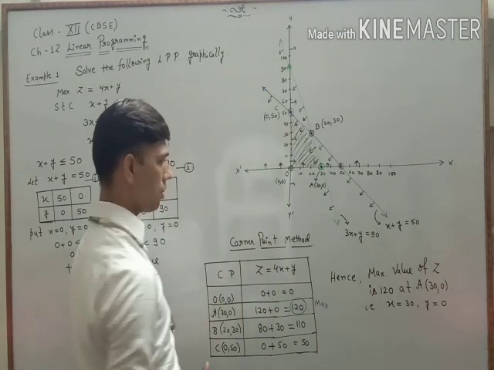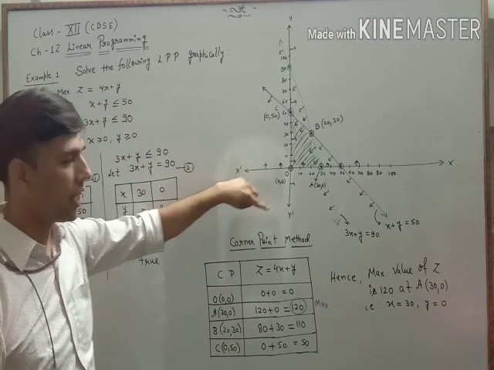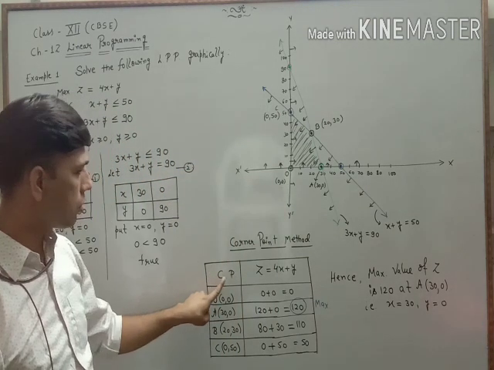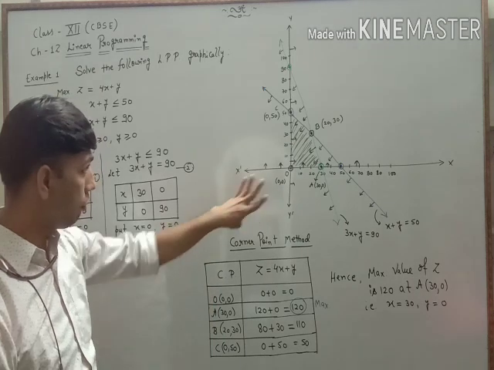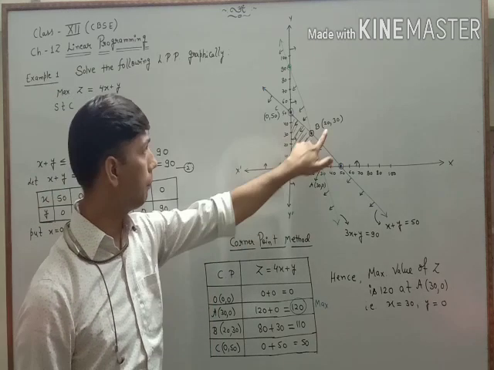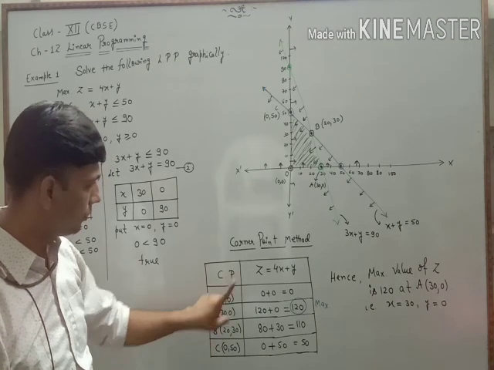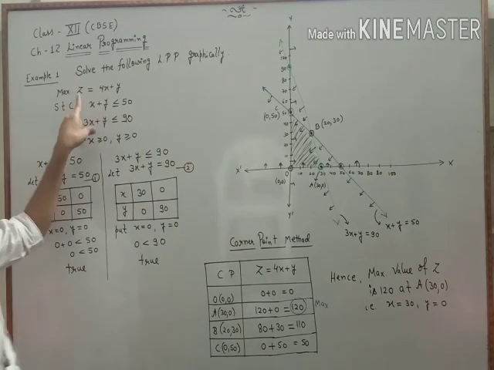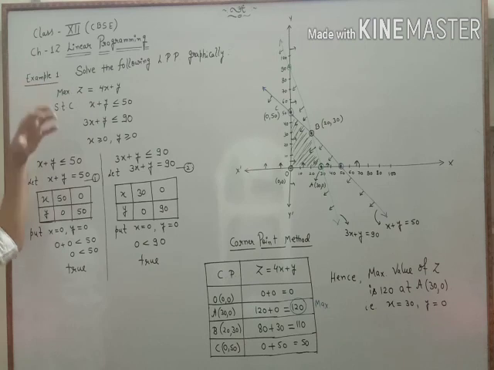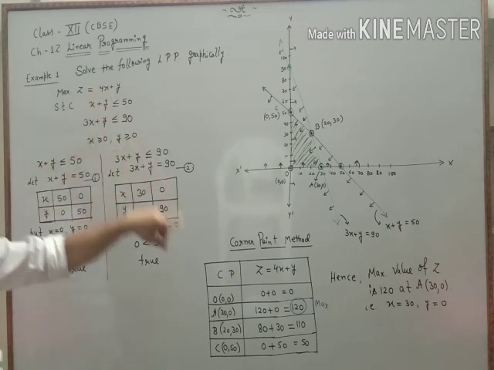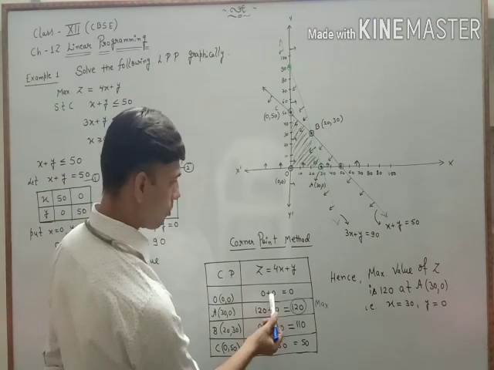Now last is the corner point method. CP means corner points. Put all 4 points O, A, B, C. The important one is z, because we have to find the maximum z. So z is 4x plus y. Now put here 0, 0: 0 plus 0 is 0.